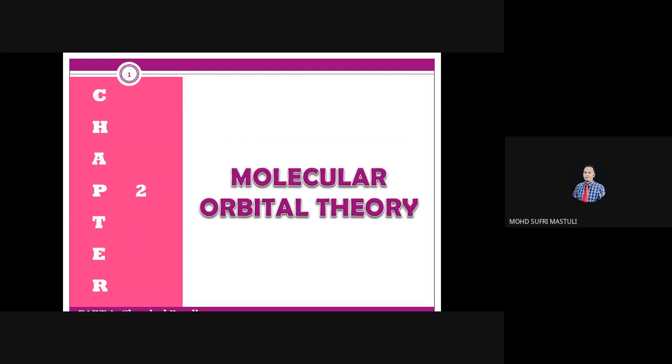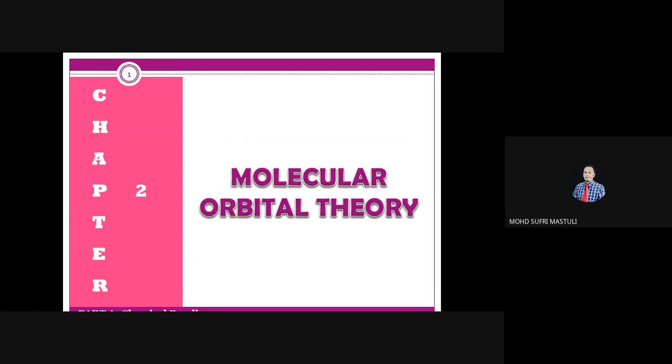After that, we studied the valence bond theory. We tried to identify the hybridization of that particular molecule. But now we will discuss chemical bonding further by using molecular orbital theory.